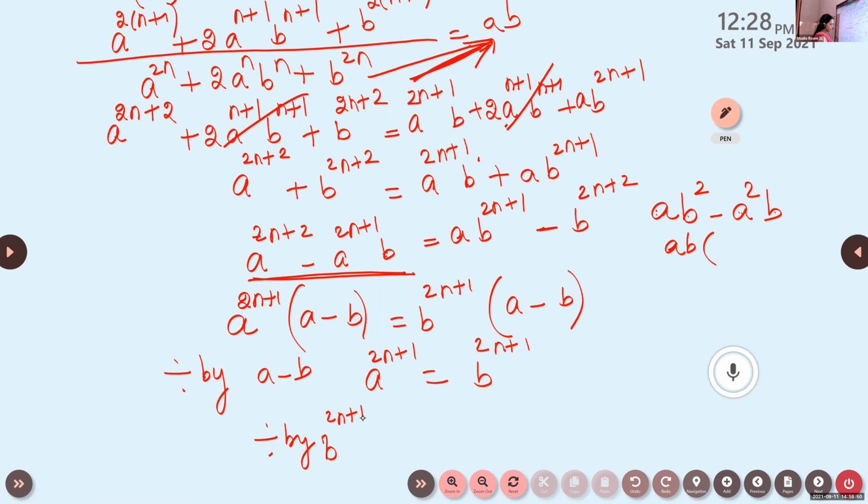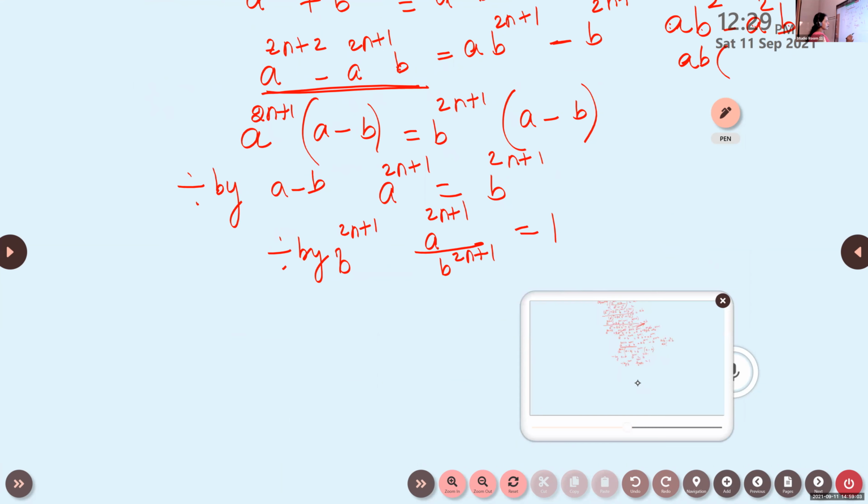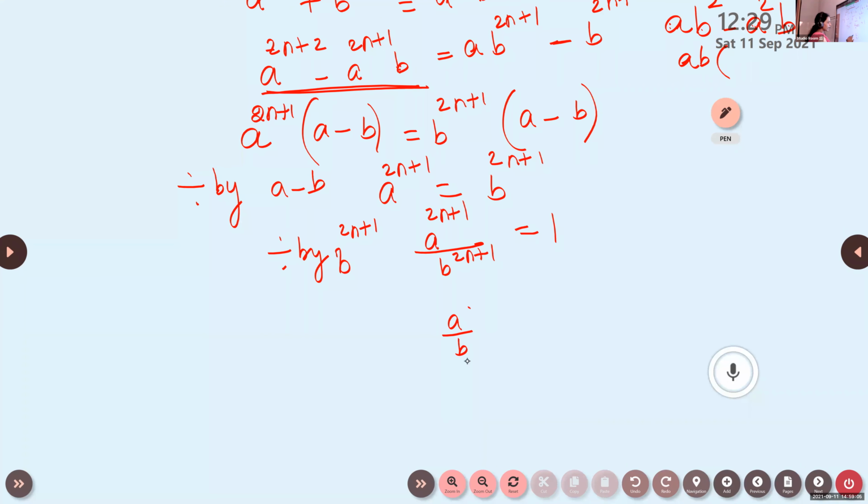So we get a raised to 2n plus 1 by b raised to 2n plus 1 is equivalent to 1. That is, we can write this as a by b raised to 2n plus 1 is 1.